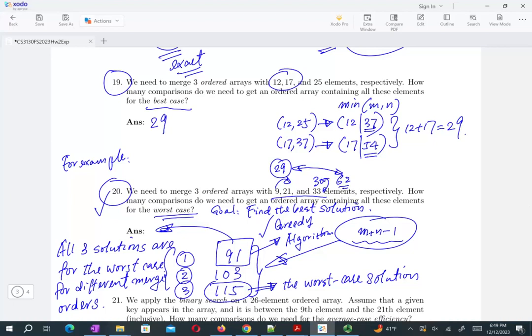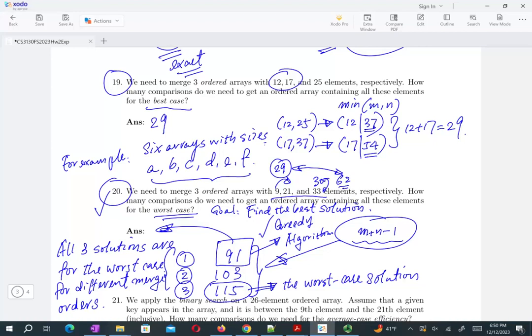If I increase the number of arrays, if I give you 6 arrays with the following sizes: A, B, C, here I do not give you concrete numbers, D, E, F, 6 different integer numbers for the array sizes.